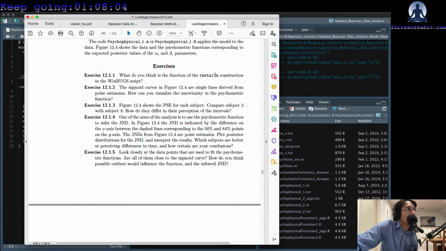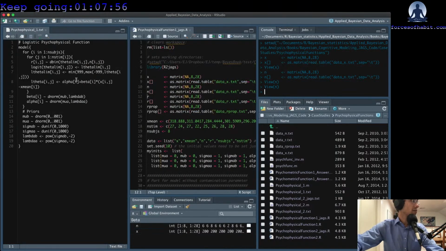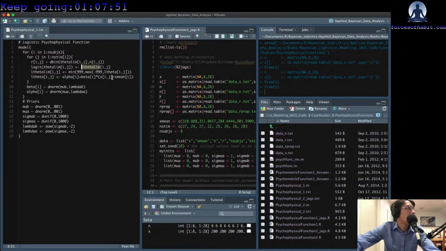What do you think the function theta lim construction in the WinBUGS script does? Let's take a look. Theta lim. The theta lim is equivalent to the limit.